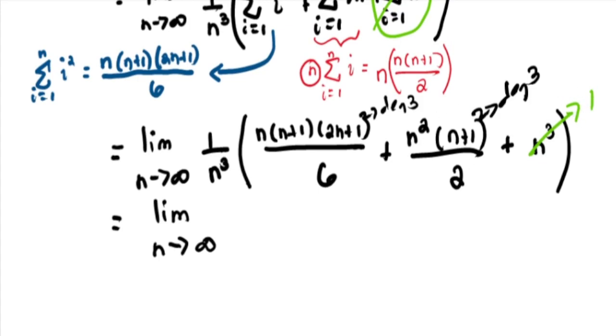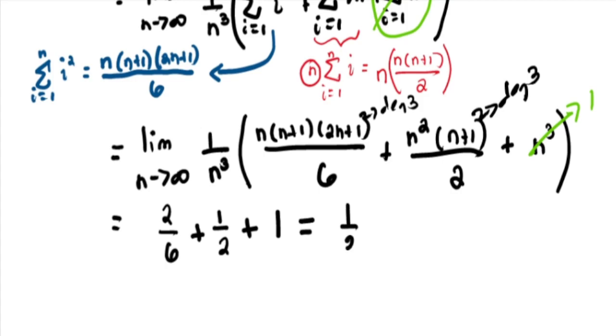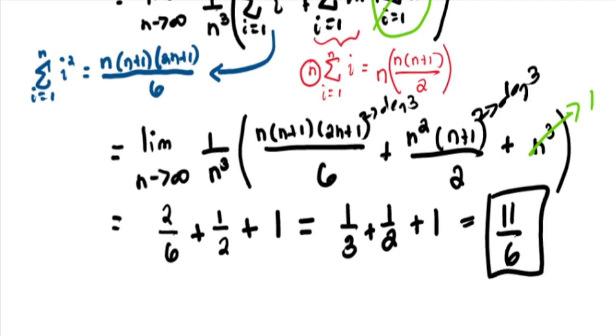And ito, 1 lang siya. So, ibig sabihin, diretsuhin na natin. This is equal to 2 over 6 plus 1 over 2 plus 1. Or 1/3 plus 1/2 plus 1, which is equal to 11 over 6.